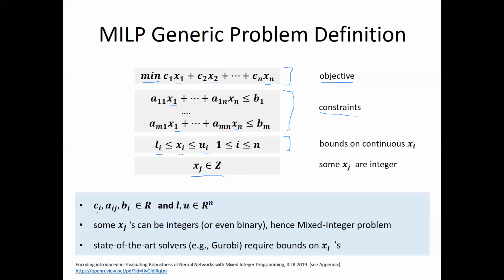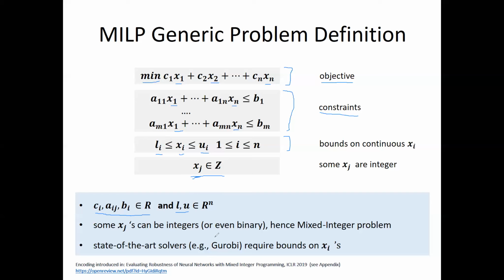So this here is the type of the variables. Ci, Aij, and Bi are reals, Lu are n-dimensional vectors, and Li and Ui are also reals, providing these bounds. Now these xi's or xj's that we used are integers.